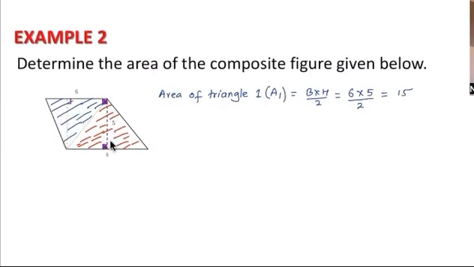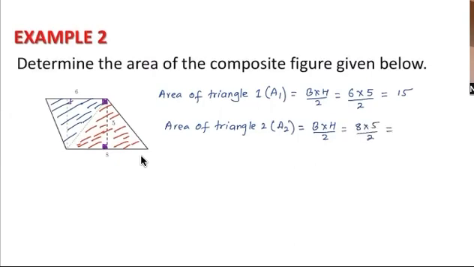Similarly, if you want to find the area of this triangle down here, area of triangle 2, which is also labeled as A2, is the same formula, base times height divided by 2. The base in this case is 8, and the height is 5, divided by 2.